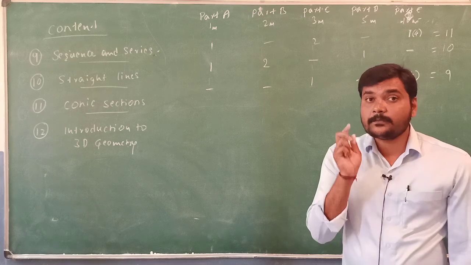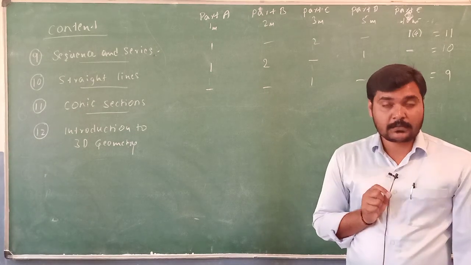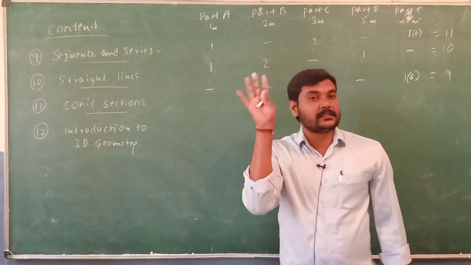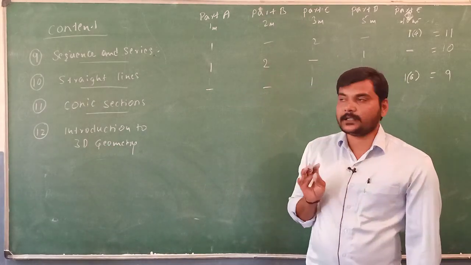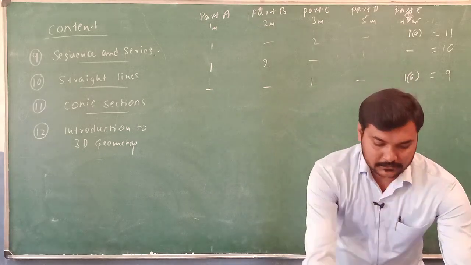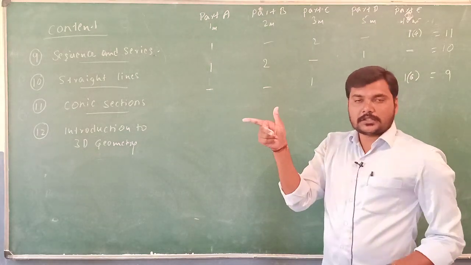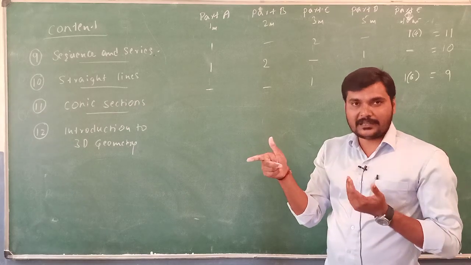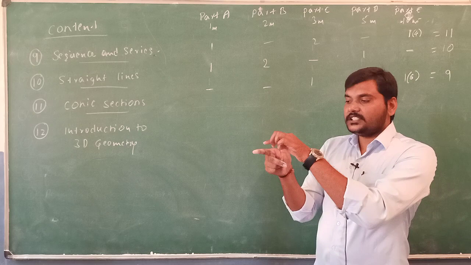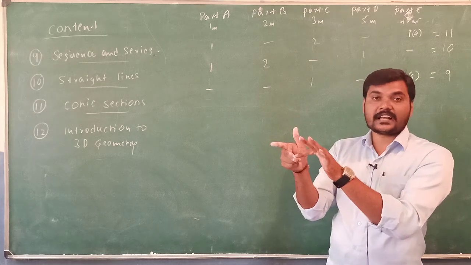That axis is going to be the z-axis. The best example for 3D means space. Are you getting? So we observe here like this. Are you familiar with Fleming's right hand thumb rule or the left hand thumb rule? So this is going to be x-axis, y-axis, z-axis.